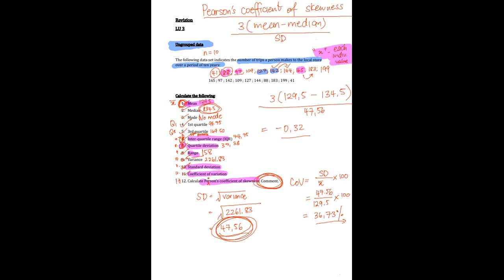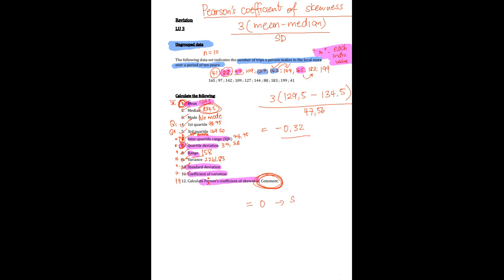So I'm going to tell you what the comment will be, but it's also in your slides. So there's a general rule in terms of commenting for Pearson's coefficient of skewness. If you get an answer that is equal to 0, this means that you have a symmetrical distribution. So all you'll say is that there is a symmetrical distribution.